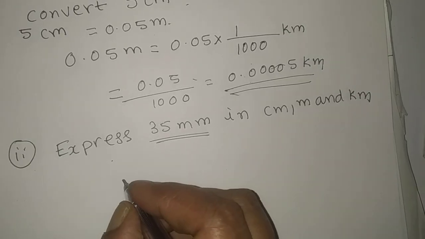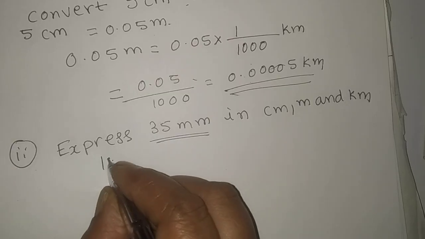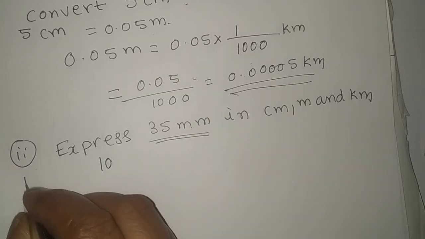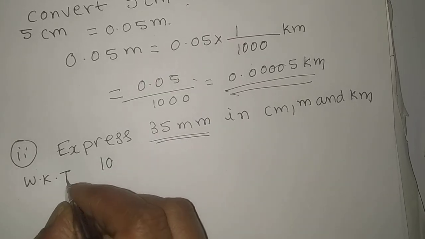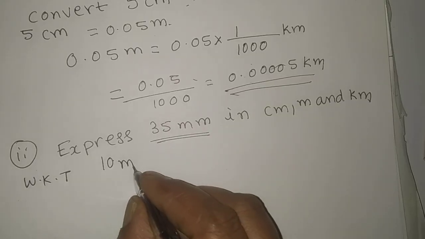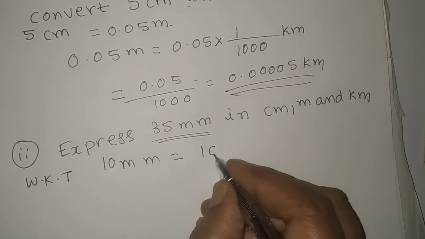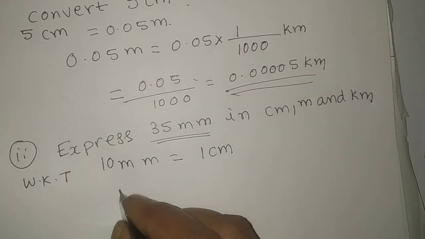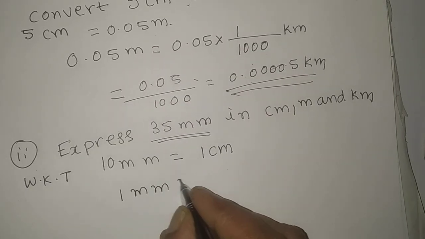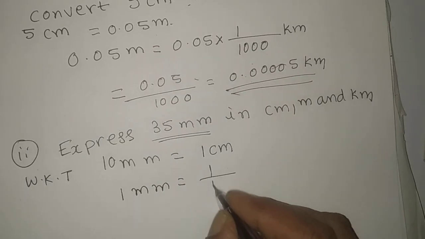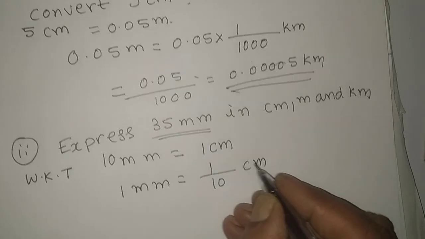Next, we know that 10 millimeters is equal to 1 centimeter, and 1 millimeter is equal to 1 by 10 centimeters.